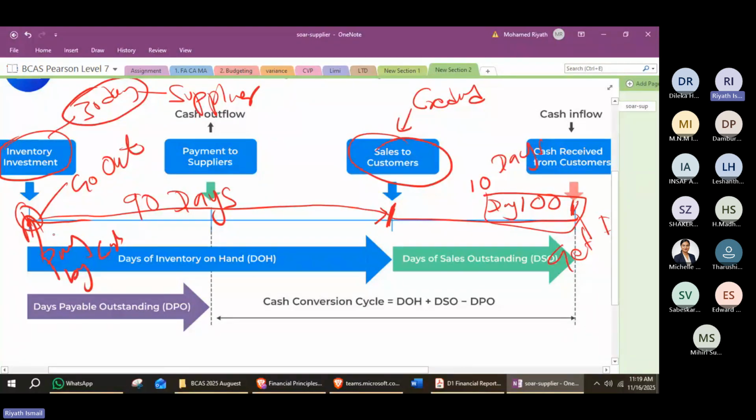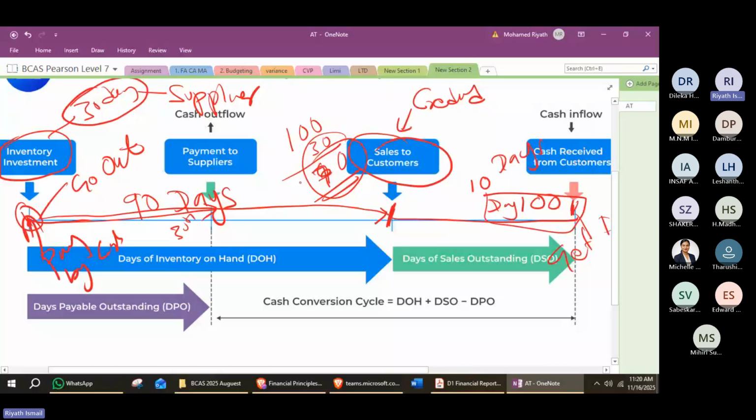Then you can settle your money on the 30th day, and you shorten the cycle. Now, 100 days minus 30 days is only 70 days. Your cash conversion cycle is 70 days.